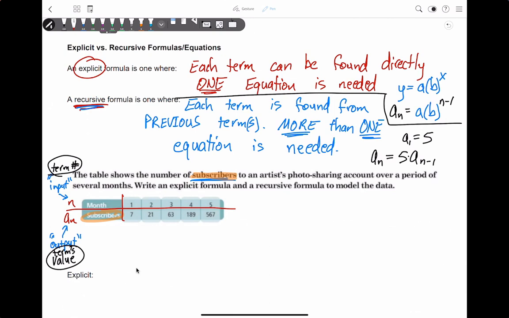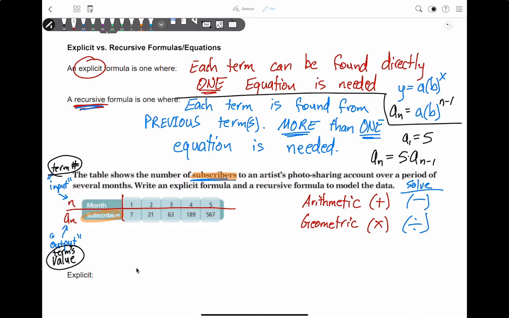You have an arithmetic pattern where you're adding each jump, and a geometric pattern where you're multiplying each jump. To solve for an arithmetic pattern, you subtract. To solve for a geometric pattern, you divide. I'm going to show you that in just a bit. First, let's go to any number here.